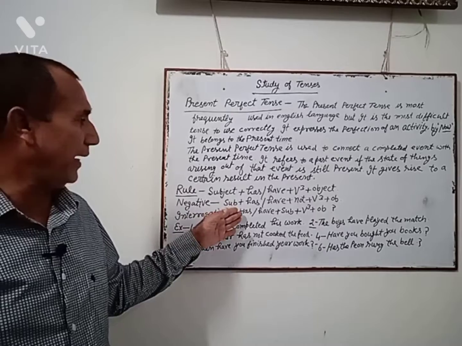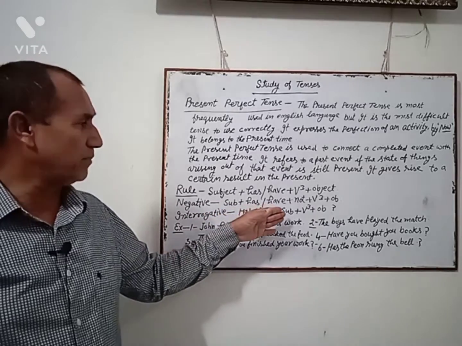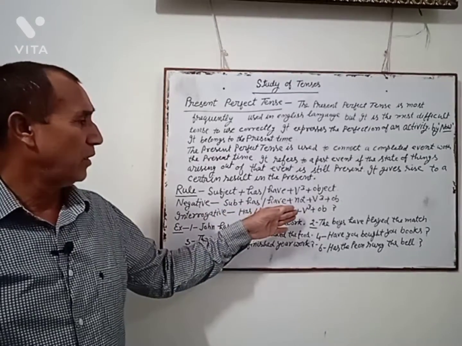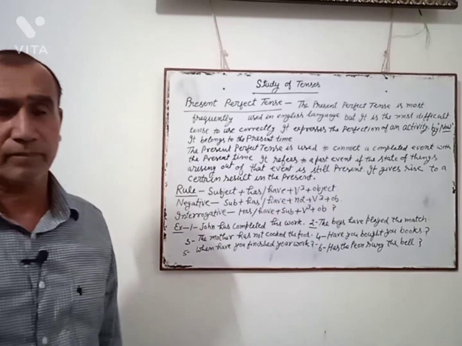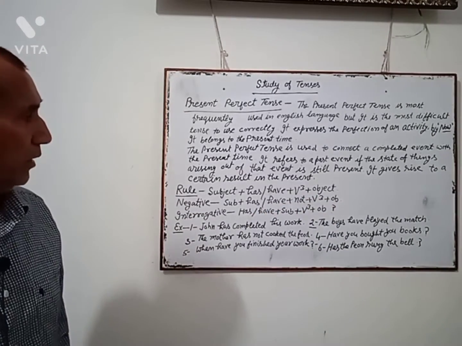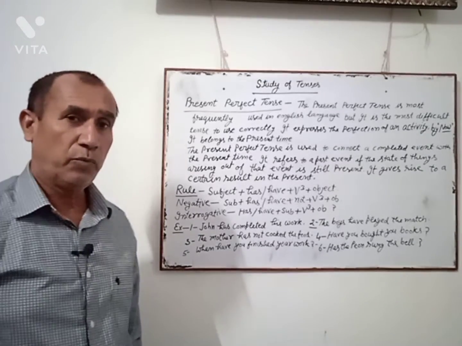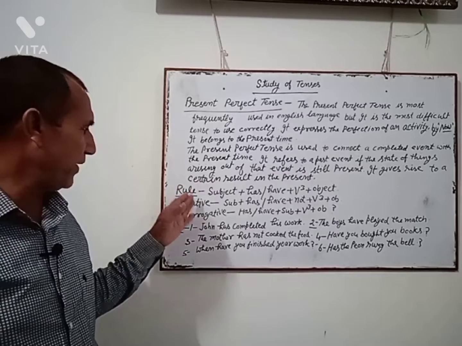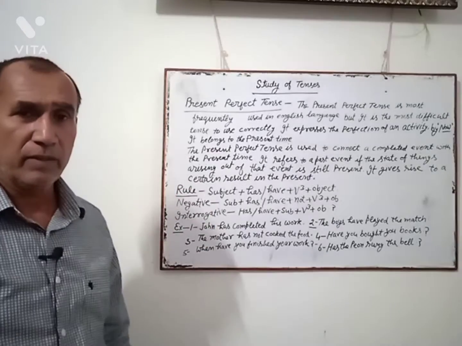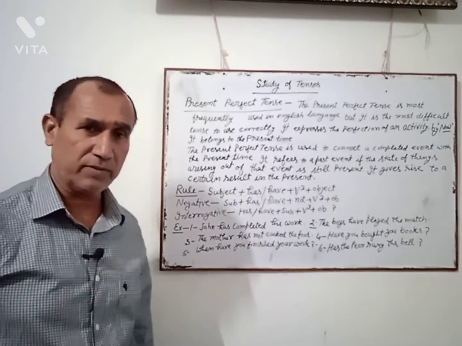Interrogative: has or have plus subject plus third form of verb plus object. Now, we shall use the following rules of affirmative, negative and interrogative in the following examples.